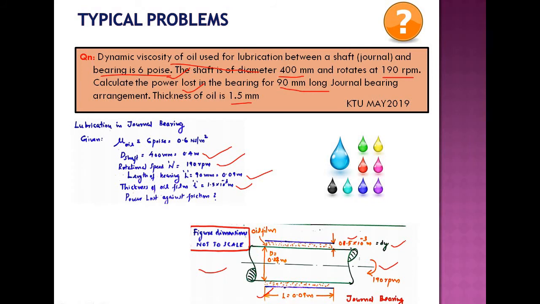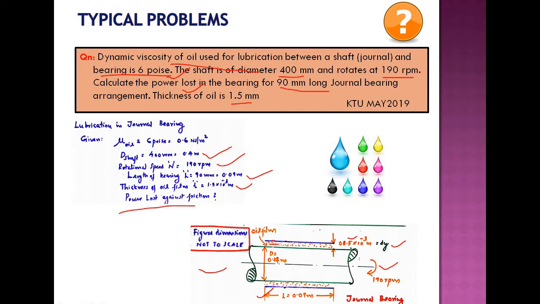Then we need to find out the power lost. So while this journal is rotating inside, what happens to this fluid film, oil film? Shear stress is developed in the oil film. So what about the velocity here at the surface of the bearing? Because the bearing is stationary, the velocity is 0.